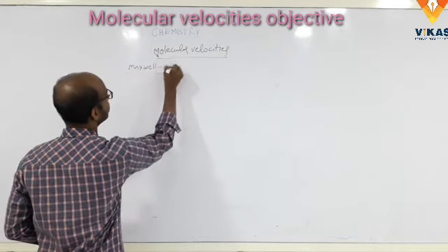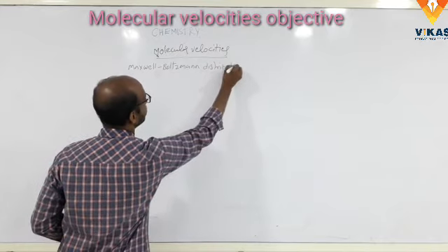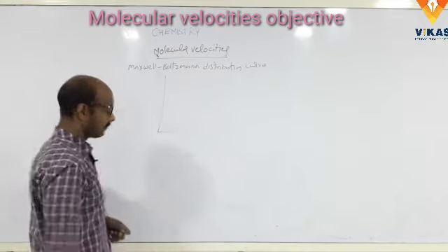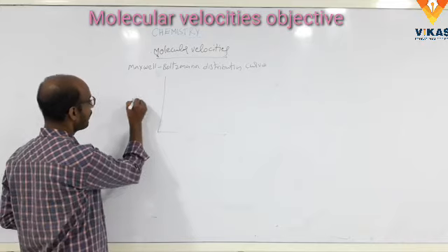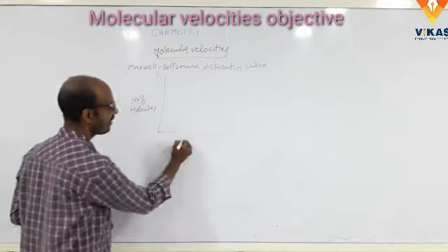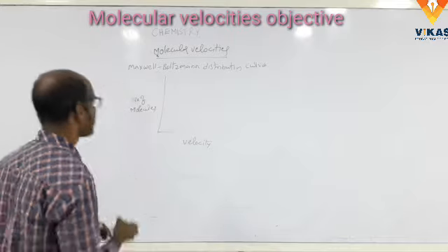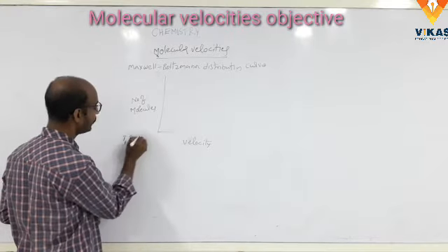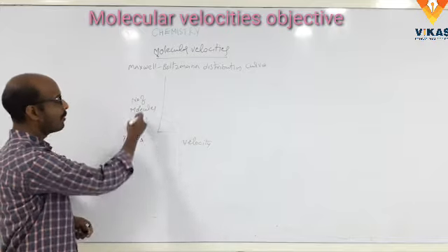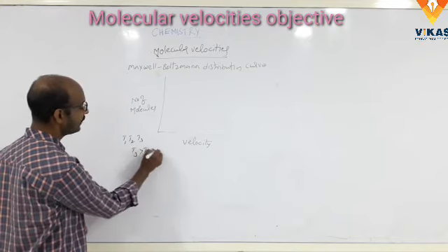It is the graph plotted between number of molecules versus velocity at different temperatures, T1, T2 and T3. Here T3 is higher than T2 and T1.